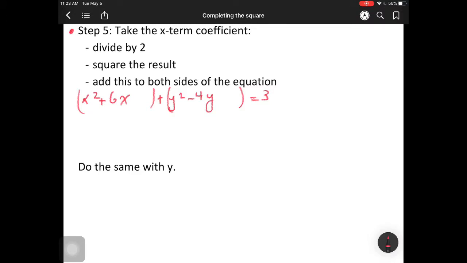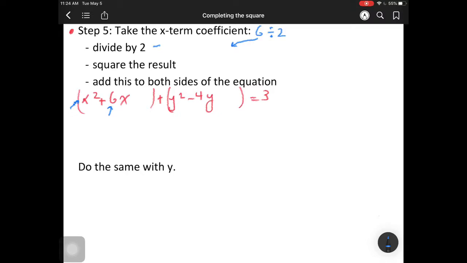Let us do step 5. It says you take the x term coefficient. So this is the coefficient of x squared. We don't want that. We want the coefficient of x. It says take the x term coefficient and divide it by 2. So we have 6, which is the coefficient of x.